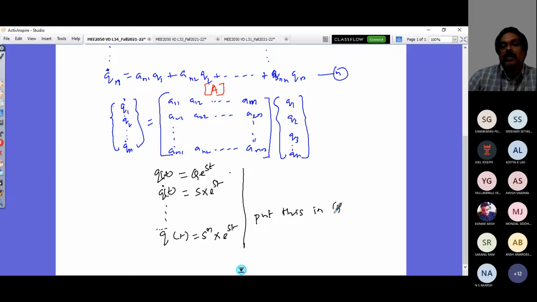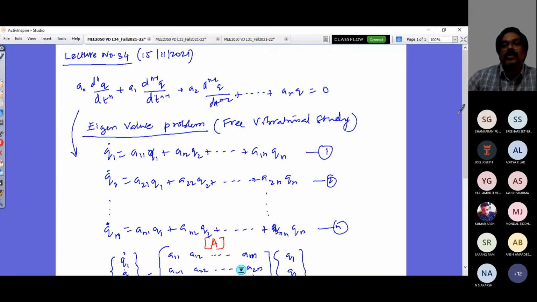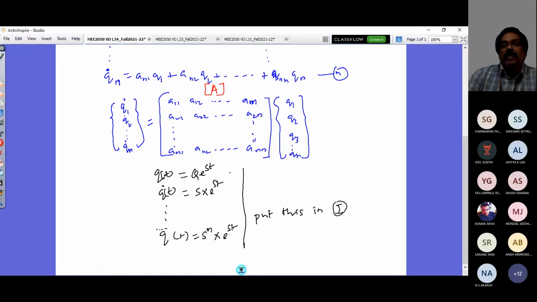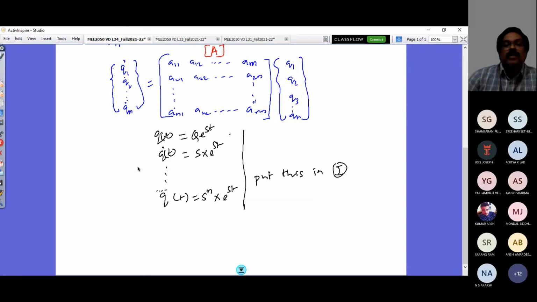in 1. So what is 1? Roman letter 1 is your governing equation. So substituting that in 1, I would be able to have my characteristic polynomial.